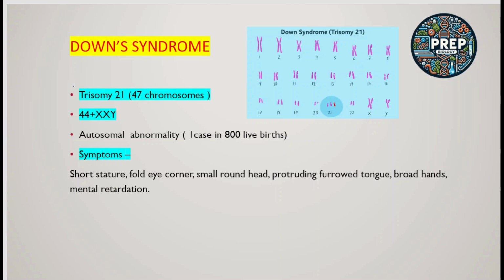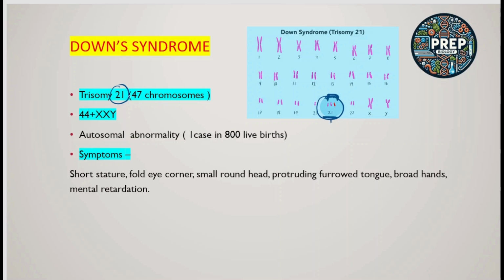Down syndrome is due to the trisomy of chromosome 21. We know what trisomy is: the addition of one chromosome in the chromosomal set. Why 21? Because in Down syndrome, at chromosome 21, there is an addition of one chromosome. We have 3 chromosomes at the 21 position.